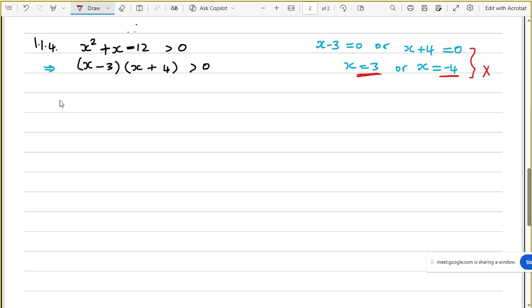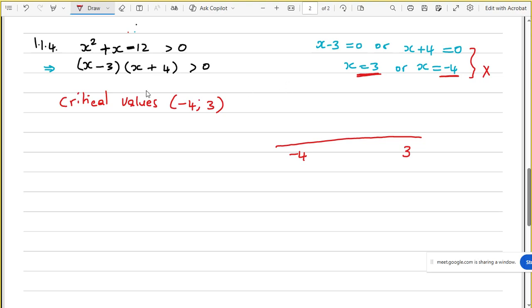Write them like this and say, these are my critical values. Then you're going to write them inside the bracket with the small one first and then the 3. Then you're going to draw your number line there.